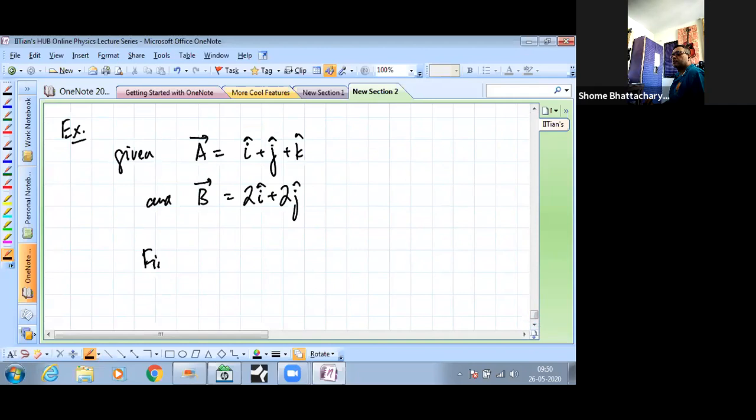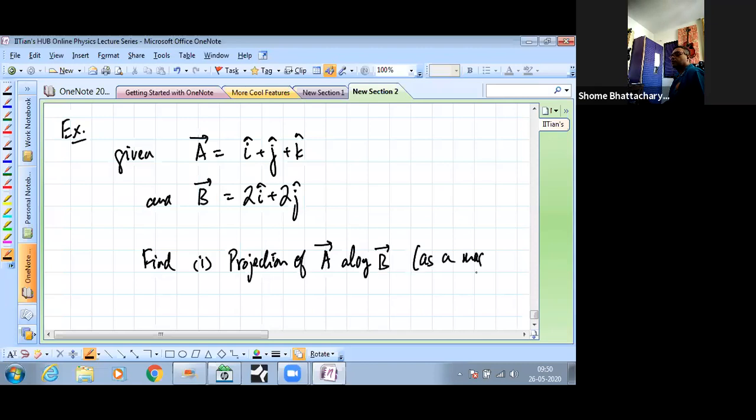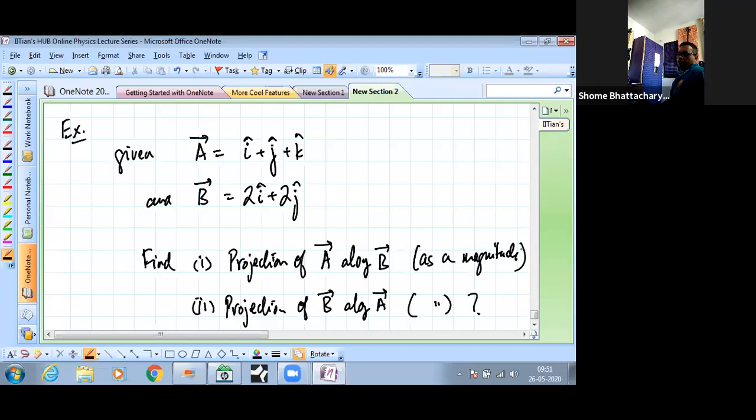So you have to find the projection of A along B, just as a magnitude, like we've done above, and then the reverse of that, the projection of B along A. Just try this out now. Just apply this.